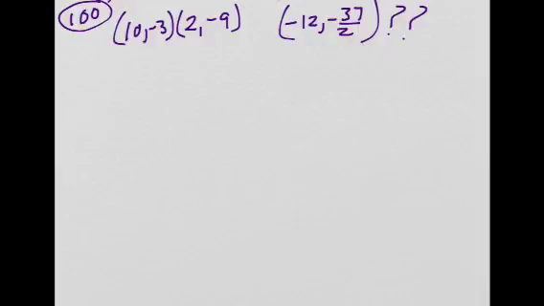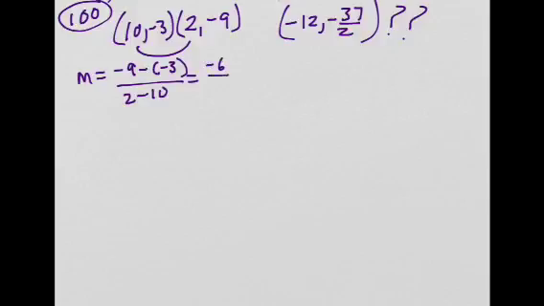So I need to find the slope for the line that goes through these 2 points. So m equals negative 9 minus negative 3, and then 2 minus 10. So that gives me negative 9 plus 3, so that's negative 6 over negative 8, which is 3/4 when you reduce it.